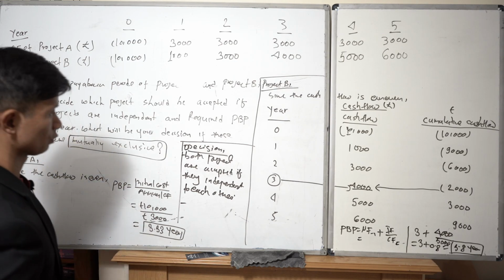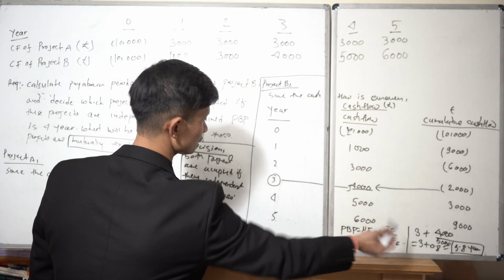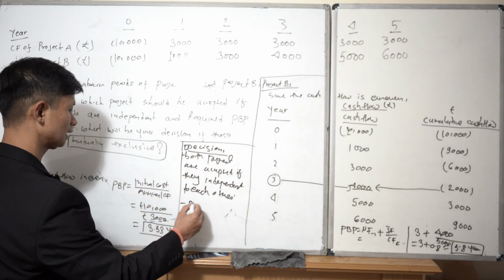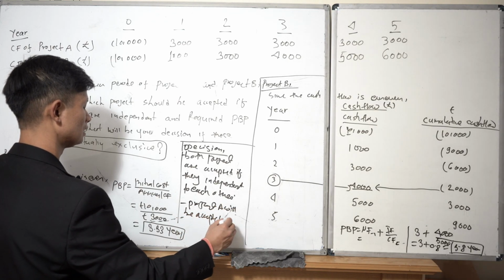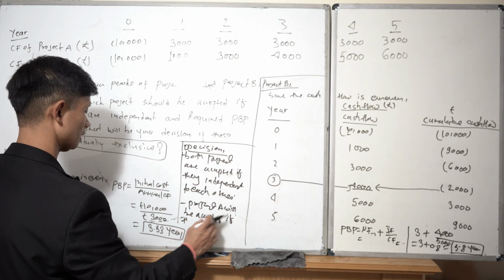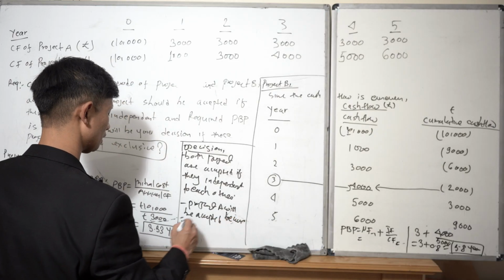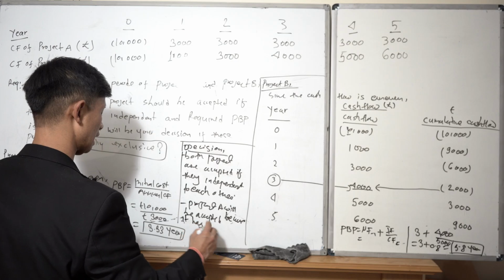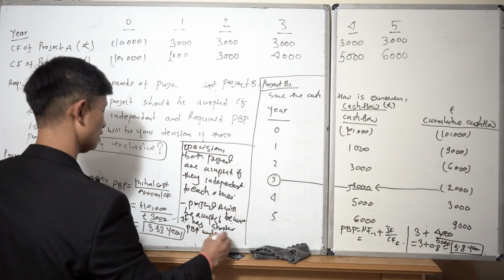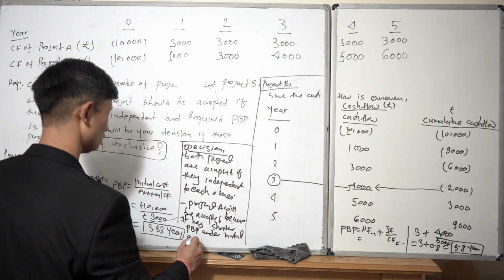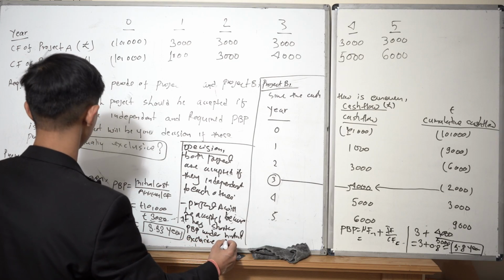We cannot take both projects. For project A it is 3.33, and for project B it is 3.8. So project A will be accepted, because we need to give the reason as well: it has a shorter payback period under the mutually exclusive method.